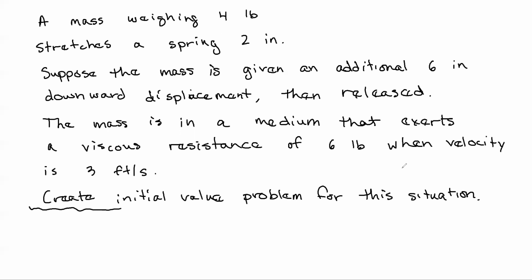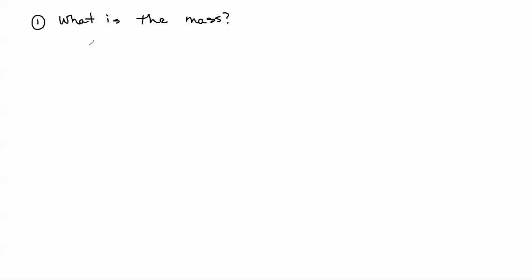All right. So what you need to do is start off with force equals mass times the acceleration due to gravity. Okay, so weight is a force due to gravity. And so you do 4 pounds equals the mass times the gravitational constant, which in the foot-pound universe is 32 feet per second squared.